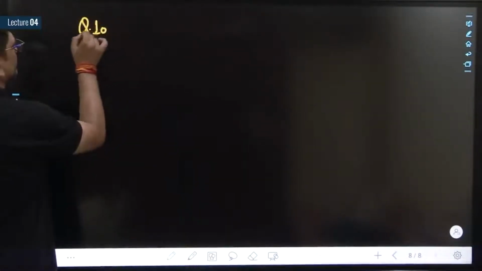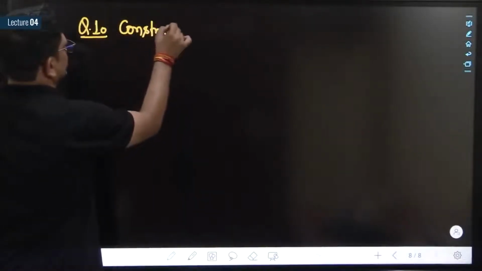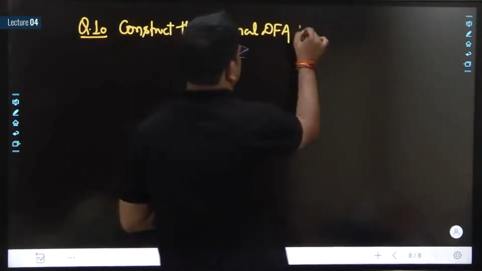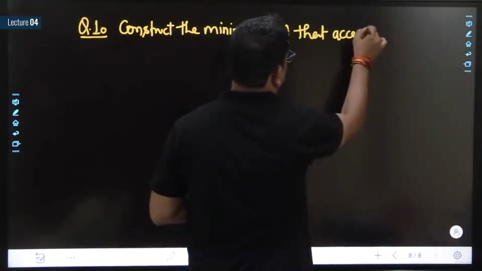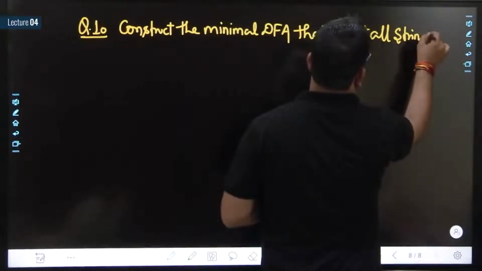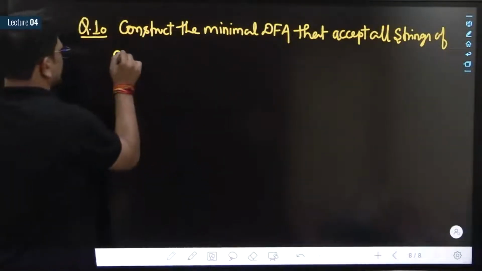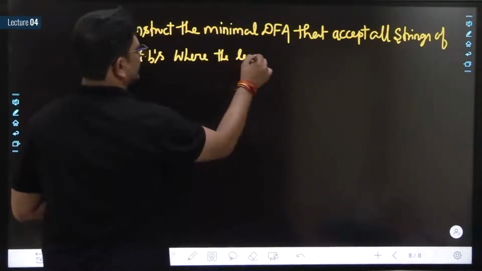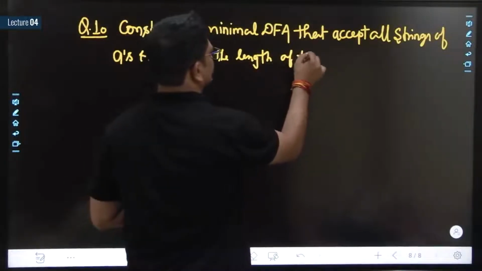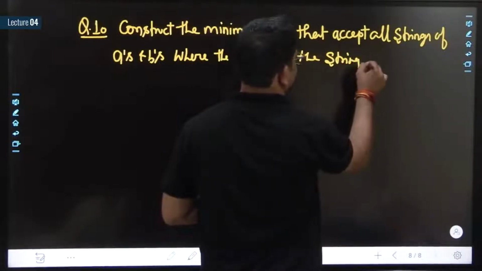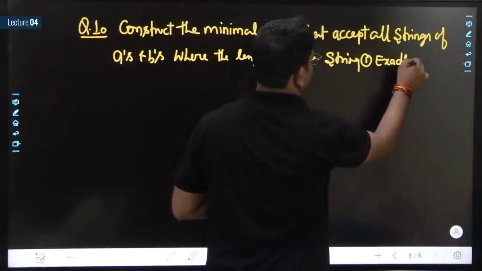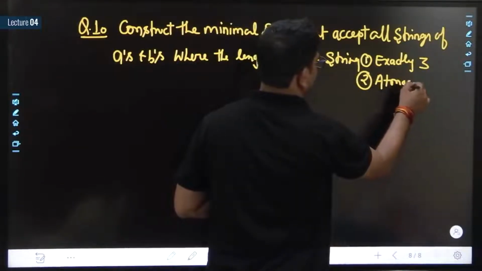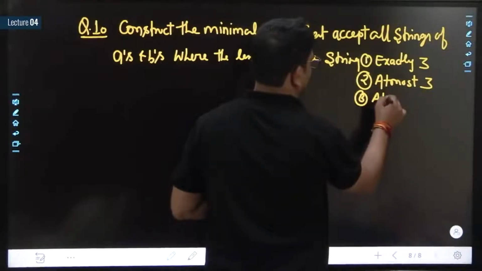Question number 10. Construct the minimal DFA that accepts all strings of A's and B's where the length of the string is: first, exactly 3; second, at most 3; third, at least 3.